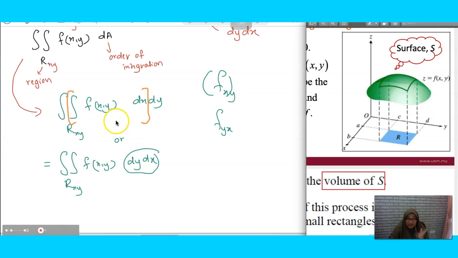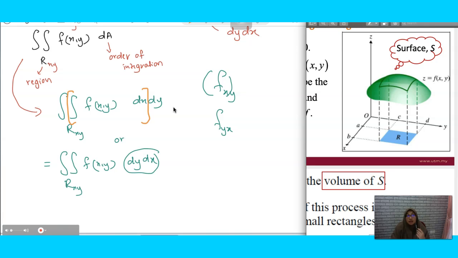After you're done integrating with respect to x, whatever answer you obtain, we integrate with respect to y. That is the second integration. After that, you replace the value of y using the limit, and finally your final answer should be a constant.